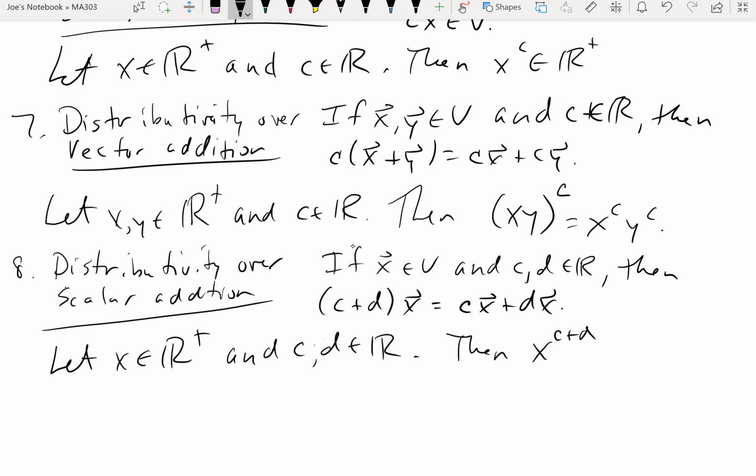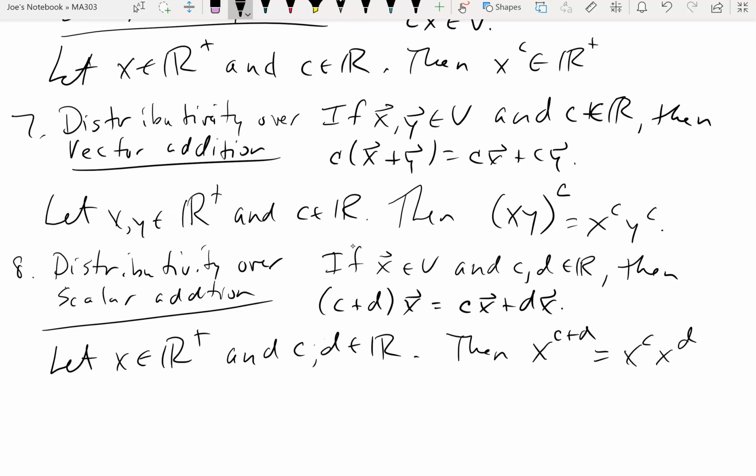Again, the scalar multiplication is exponentiation, so we're going to take the scalar C plus D and put it up in the exponent. Now, everything here is your regular old real number operations that you've always done. I've got a plus sign and an exponent. What can I do? Yeah, we can break it into those two pieces. This is one of our laws of exponents.